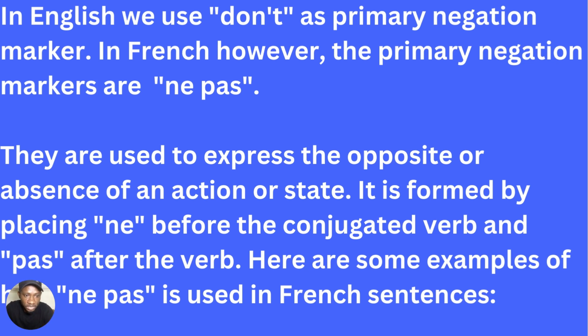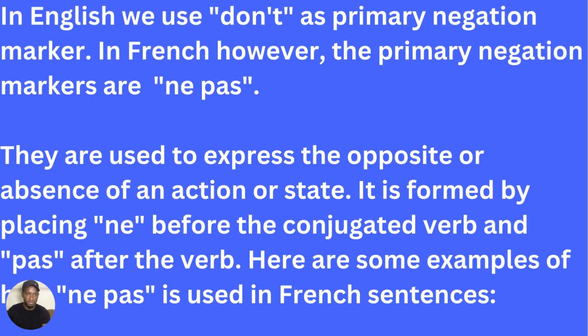However, in French, there are also various negative markers, but the primary and most important negative markers in French are these words ne and pas. So ne, répétez, ne, ne, and then pas, pas. They are used to express the opposite of the absence of an action or state.